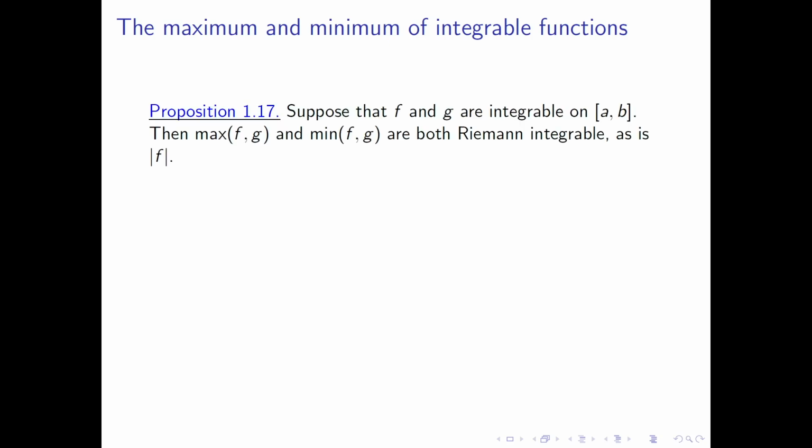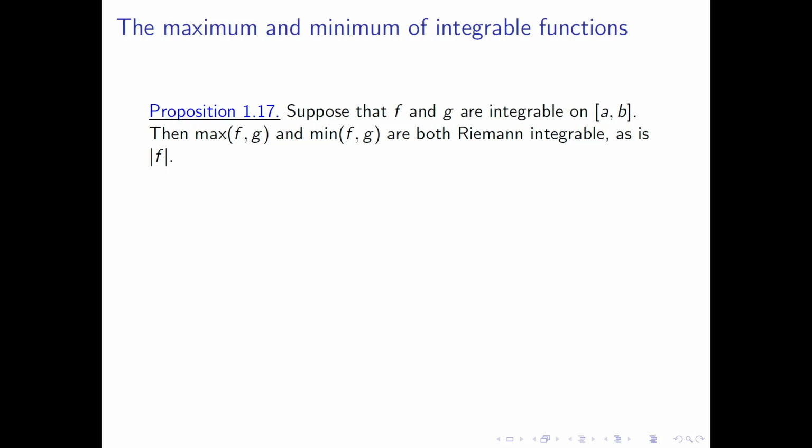Okay, so next one in our list of obvious facts is dealing with the maximum and minimum of integrable functions. So the proposition is as follows. You start off with integrable functions f and g, and then you form a new function, the max of f and g.